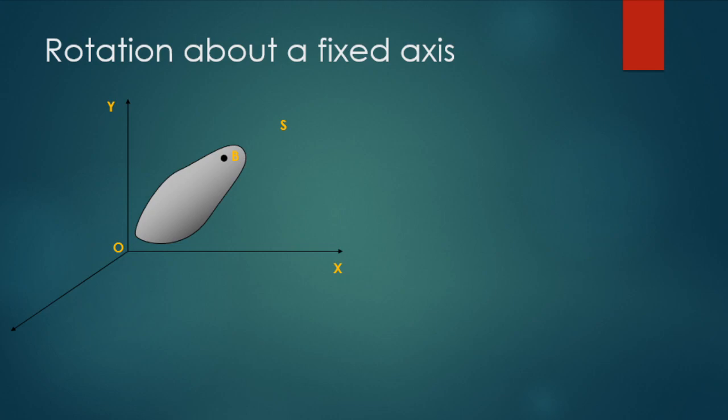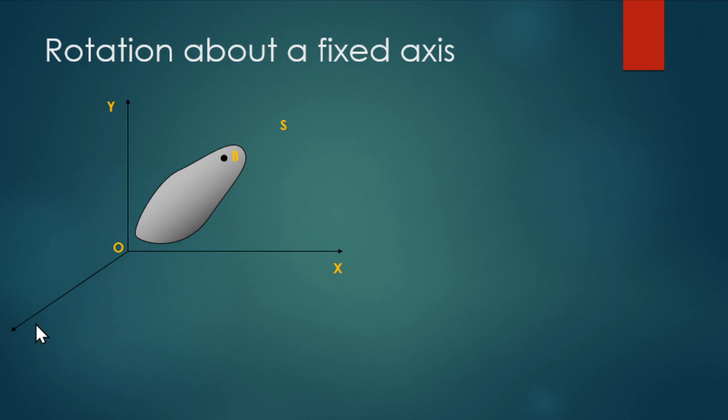Let us define what rotation is. Rotational motion occurs if every particle in the body moves in a circle about a single line. This line is called the axis of rotation. In this figure, this is our axis of rotation. If point B is subjected to velocity, it creates rotational motion about this fixed axis.